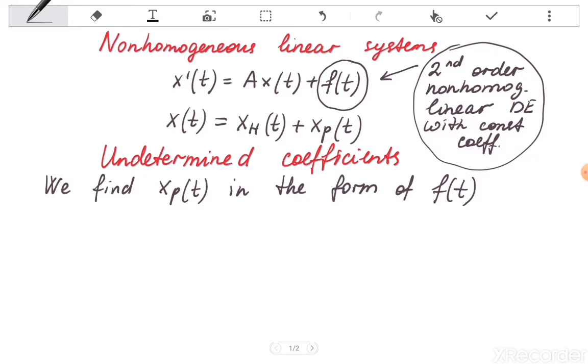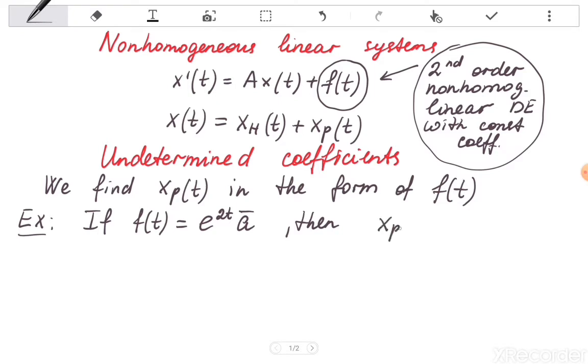So for example, if f of t is e to the 2t times some vector a, then the particular solution we also write in the form e to the 2t times another vector b, which is an unknown vector which we need to find, substituting the vector into the equation.